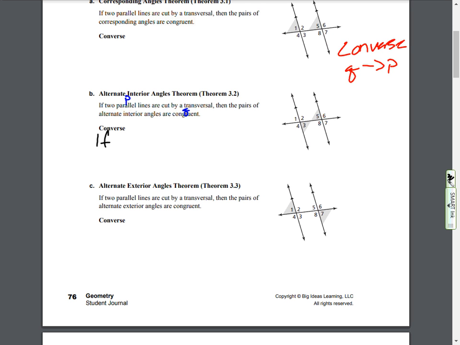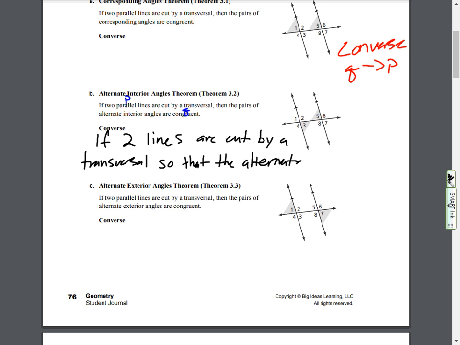If two lines are cut by a transversal, so that the alternate interior angles are congruent, then those two lines are parallel.